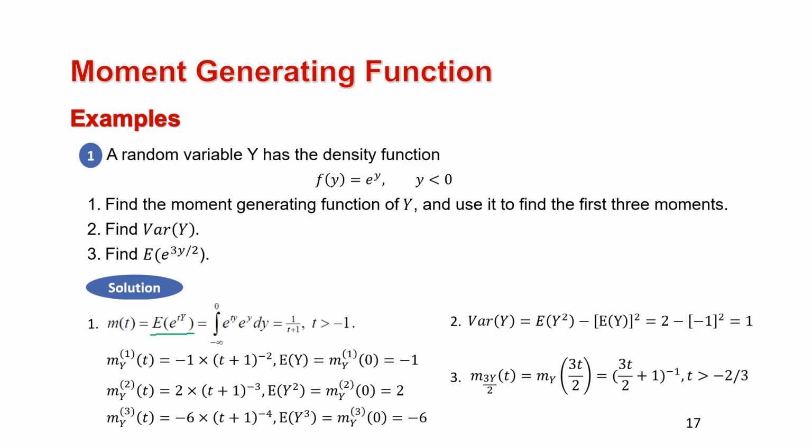How can we get a moment generating function? It's the expected value of e to the power ty. And here we will integrate from negative infinity to 0 e to the power ty times the PDF itself. This is our PDF, e to the power y.